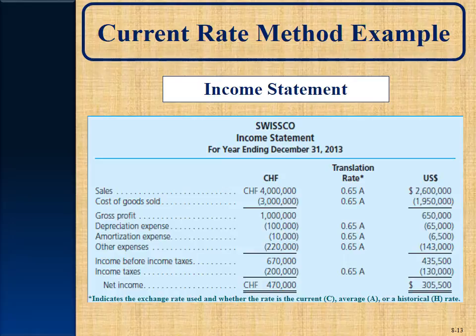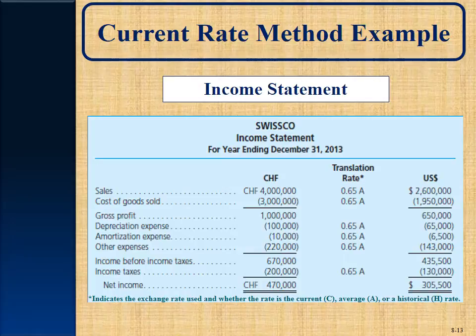First of all, they're presenting them in francs, 4 million francs. Under the current method, all of your items on the income statement are translated at the average exchange rate during the year, which they gave as 65 cents per franc. So we'll convert those into US dollars, multiply the 65 cents times the 4 million francs, and you get $2.6 million US dollars.